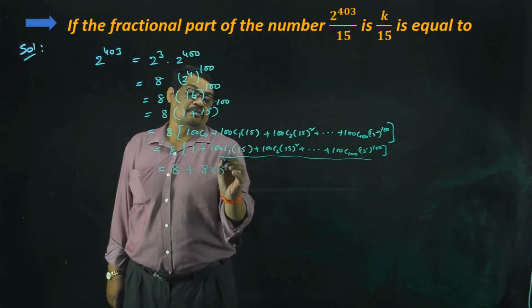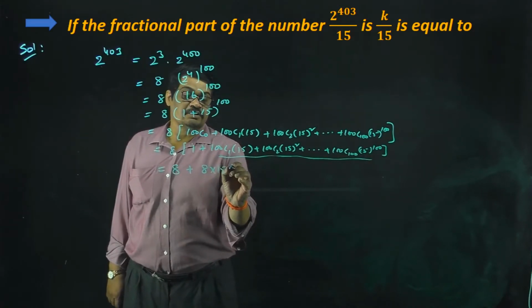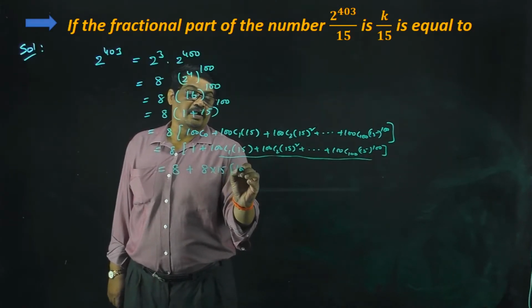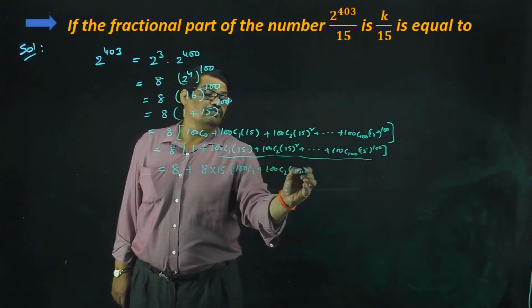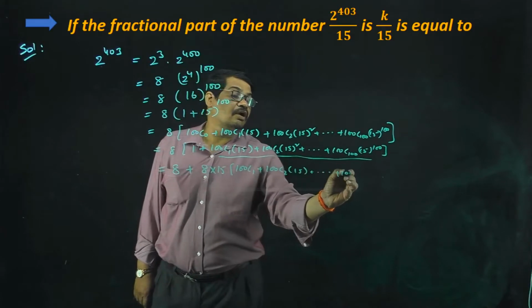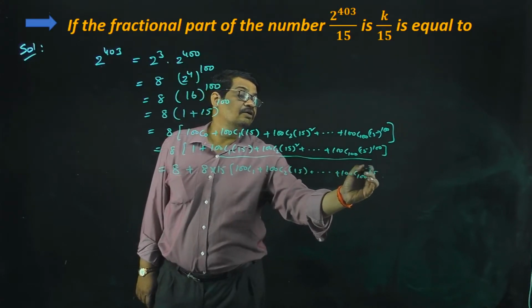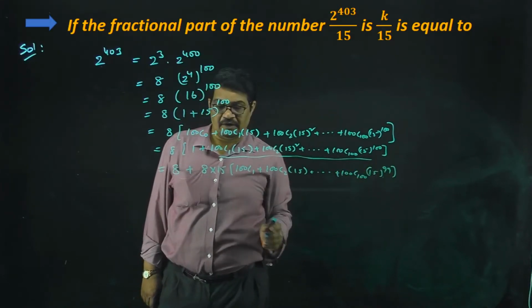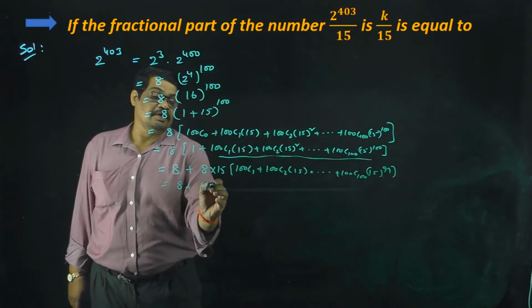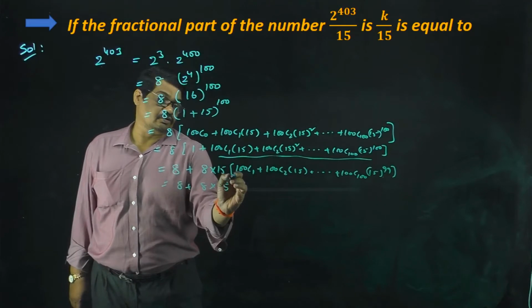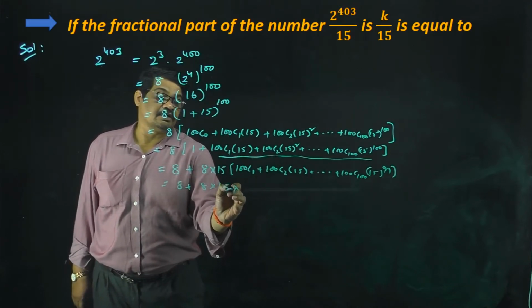The remaining terms are 100 C1 plus 100 C2 into 15 and so on, 100 C 100 15 to the power of 99. Here 8 plus 8 into 15 into some lambda.